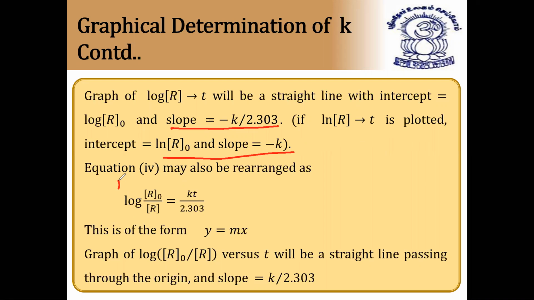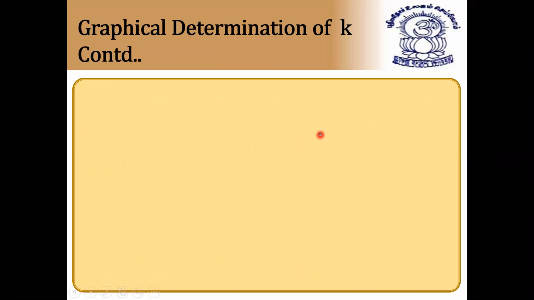So equation 4 can be regarded as log of concentration of R naught by R is equal to kt by 2.303. This is in the form of y is equal to mx plus c. So by this we can say it passes through the origin, slope is equal to k by 2.303. This slope is very, very important. They'll ask slope only from this. So the application formula is also important, the slope is also important.